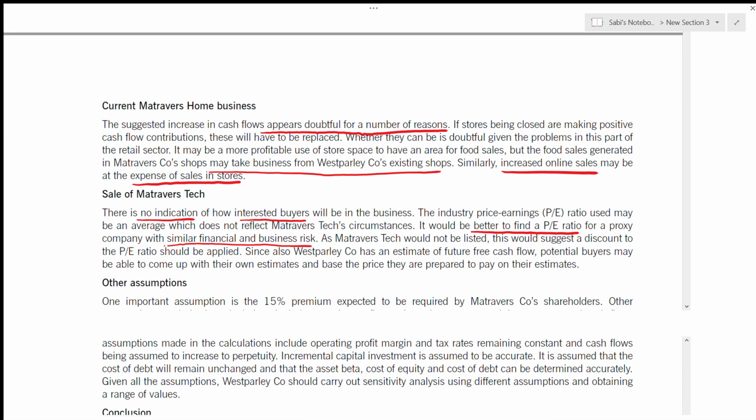A company which is similar to Matt Trevor's Tech business in terms of the financial and the business risk, then it's better to use that company as a proxy to find the PE ratio rather than using an average PE ratio of an industry. As Matt Trevor's Tech would not be listed, they didn't say whether this is listed or not, this would suggest a discount to the PE ratio should be applied.